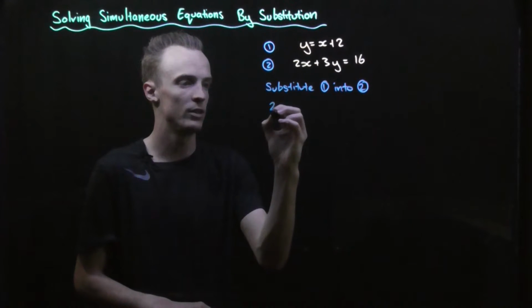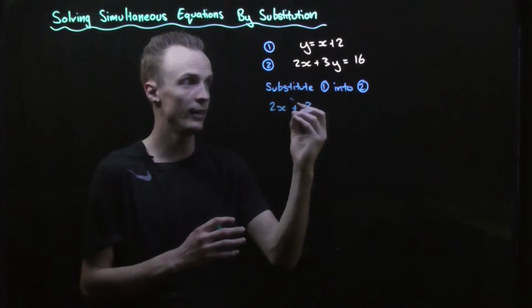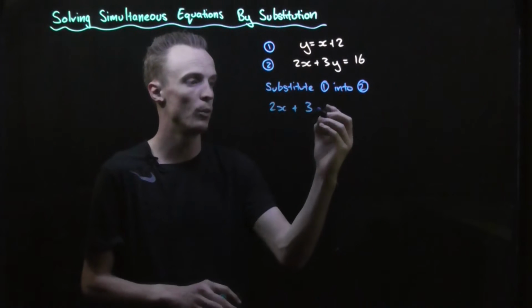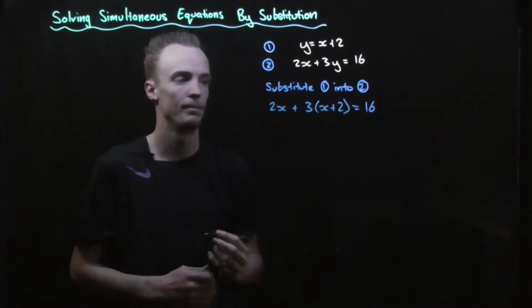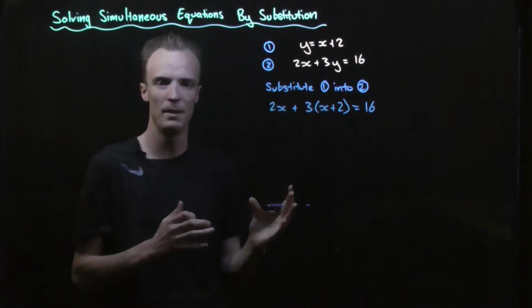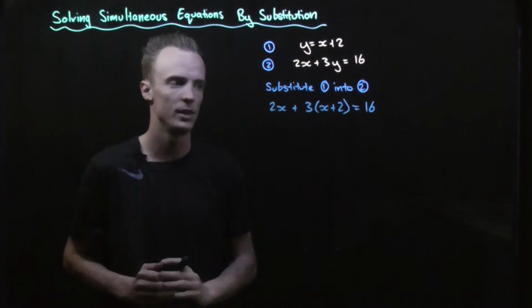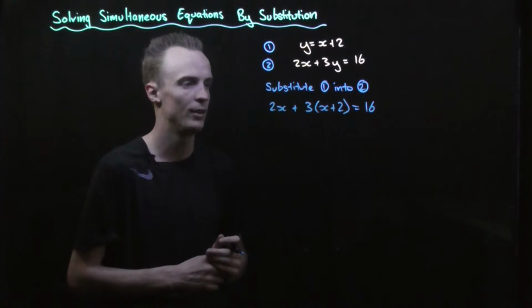So equation 2 is 2x plus 3y, and in this case, I'm replacing or substituting the y for x plus 2, is equal to 16. And what you'll now notice is I've got an equation where I've eliminated all the y values. So what that means is I can find a solution for the x value now.